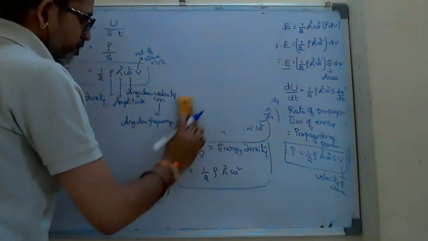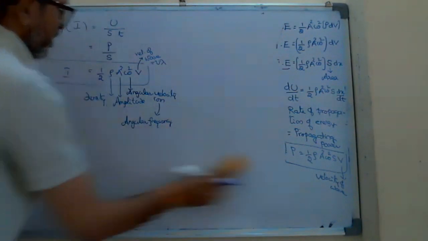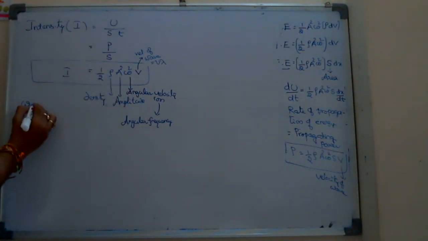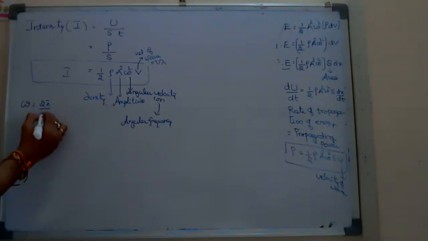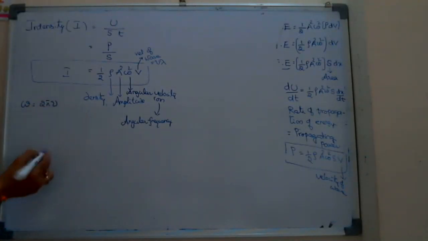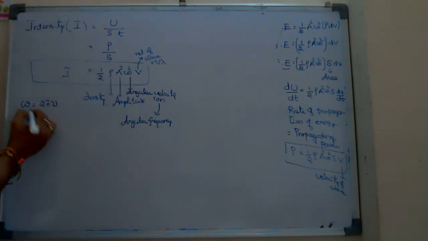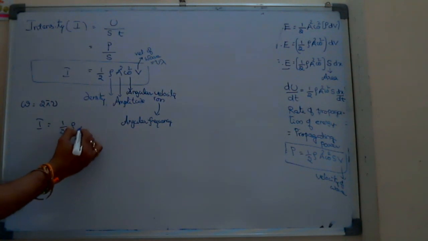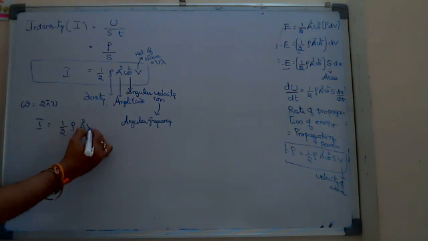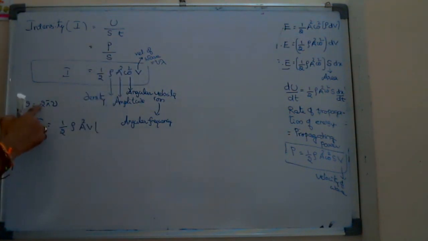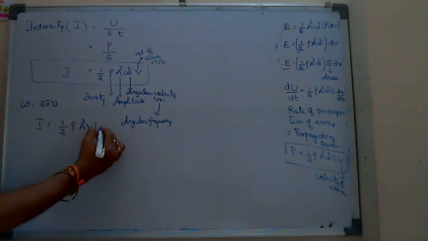Then if you want to write this in terms of frequency, omega is equals to 2 pi by t. 1 by t is frequency, so 2 pi mu. If I substitute it, then I will get I is equals to half rho a square V into omega square, and omega square is 4 pi square mu square.